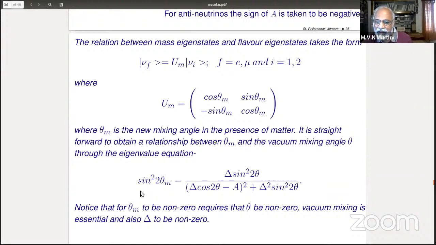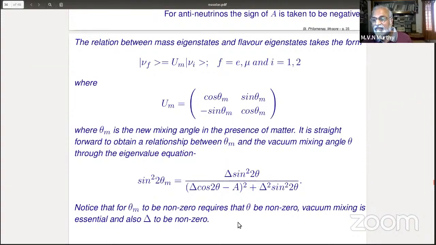So this is the mixing angle in the presence of matter with interactions, which depends on these parameters which involve the mixing angle theta in vacuum and the mass square difference delta in vacuum, which is a parameter.